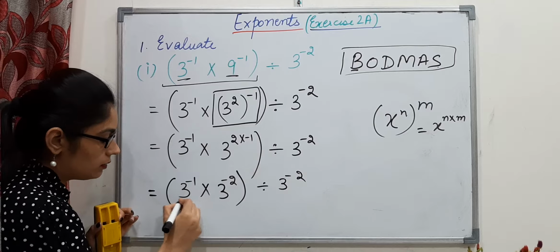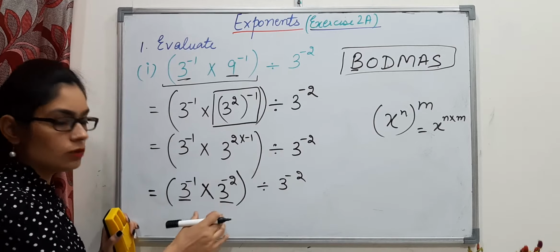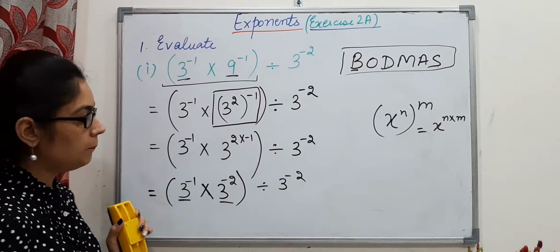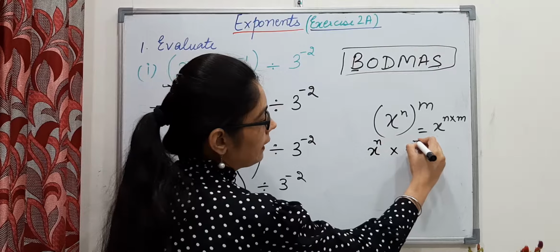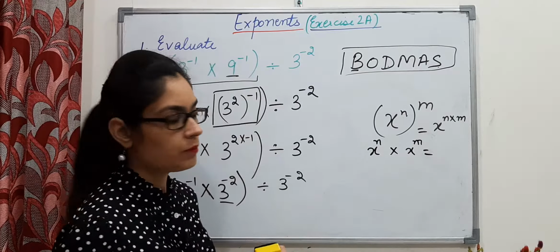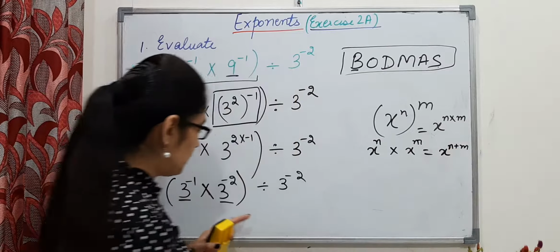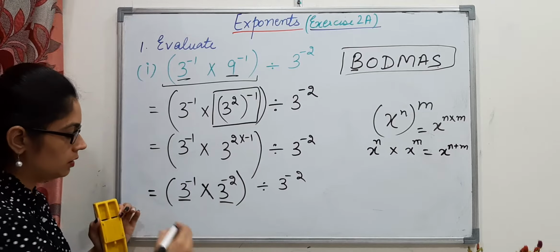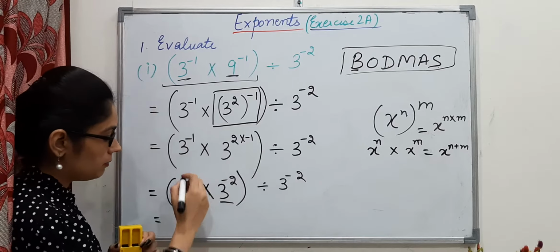Now here, see, the bases are the same and the numbers are getting multiplied, so we will use the product rule here. When bases are the same and the numbers are getting multiplied, what do we have to do? We have to add the powers, n plus m. So the same rule we will apply here. The base we write only one time and the powers we add.